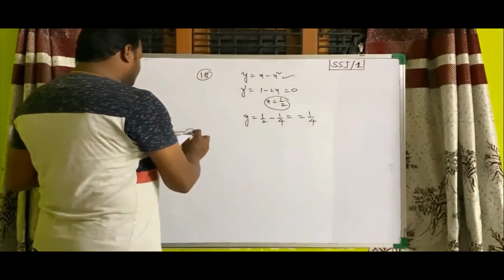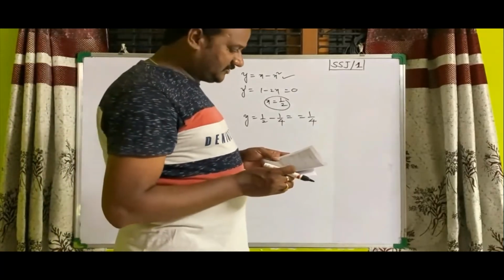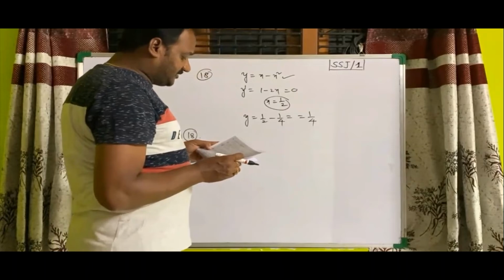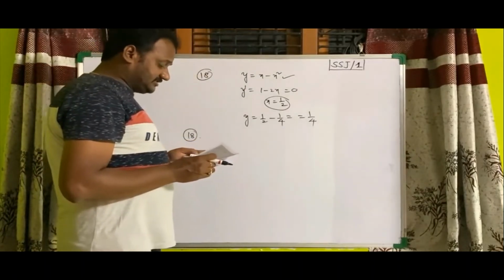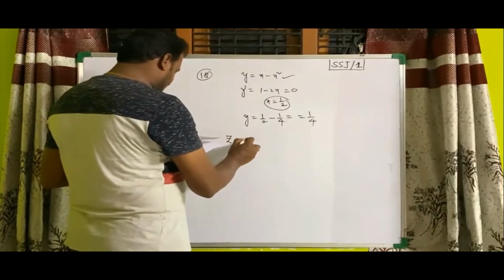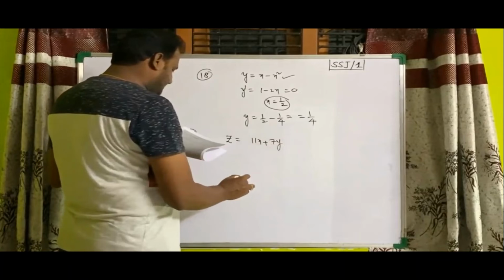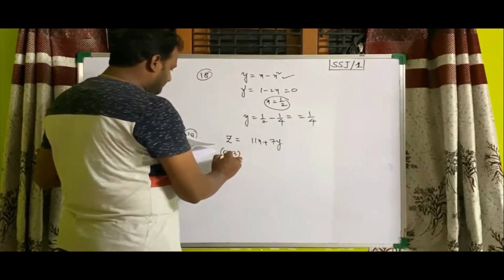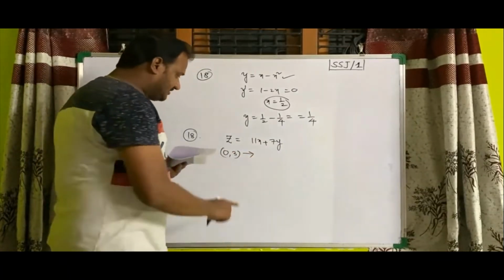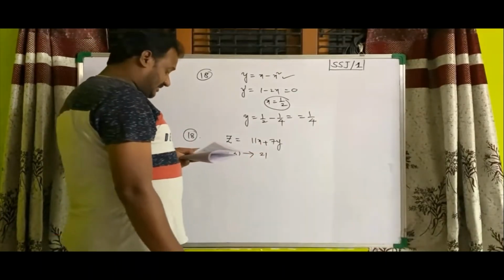So in this problem, all these things are self-explanatory because these are problems from linear programming. Here, the corner points of the feasible region of an LPP, minimizing the function z is equal to 11x plus 7y, are at the point 0 comma 3. What is the value of z at 0 comma 3? Substitute 0 in the place of x. This is 0, 7 threes are 21.